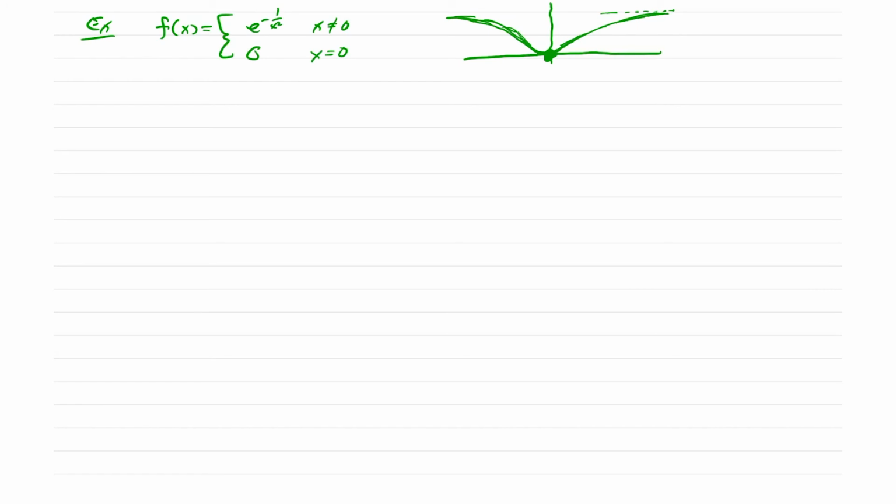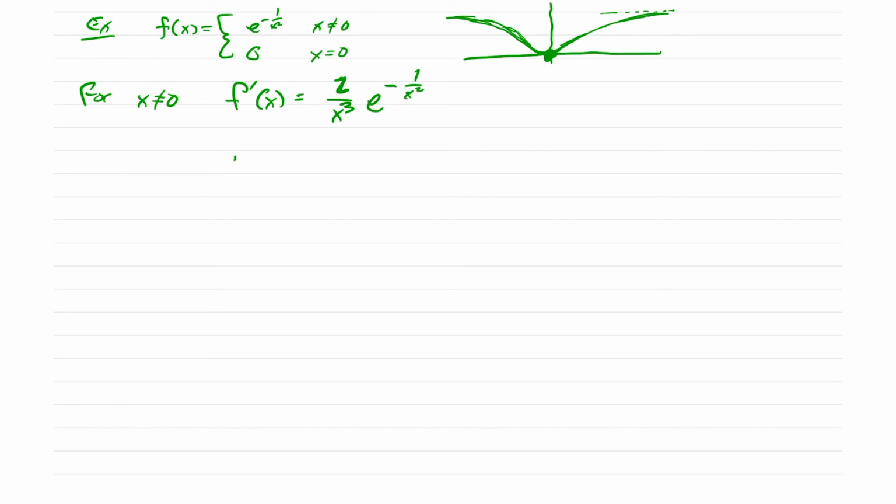So what you can do then is take a look at the derivatives of this function. Let's say for x not equal to 0, we have f prime of x equal to 2 over x cubed, the negative sign canceling with the minus 2 popping out, times e to the minus 1 over x squared.